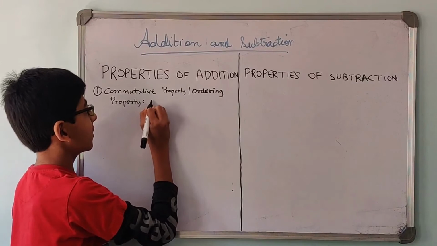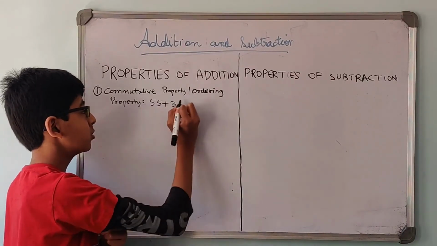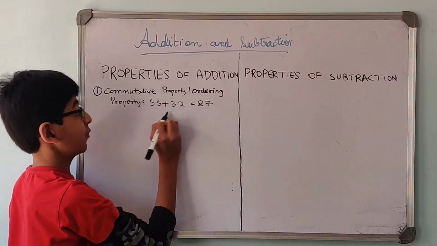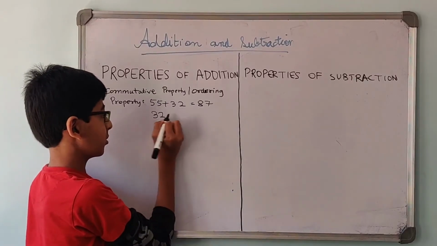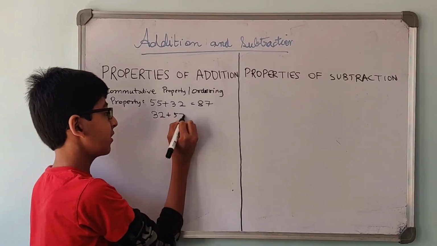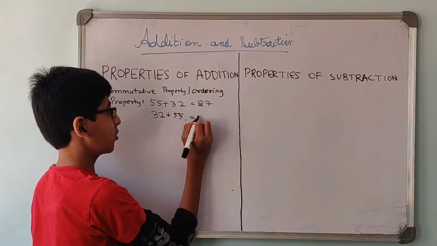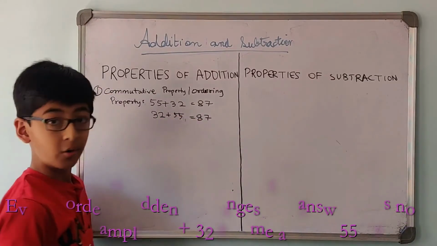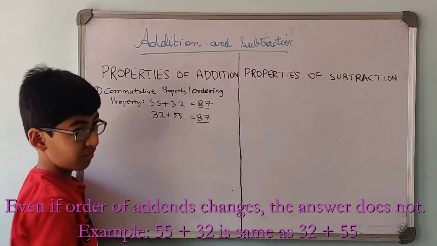This states that if we add 55 plus 32, we are going to get 87. Now if we reverse the order of the addends, like rather than 55 plus 32, we write 32 plus 55, this would also give us 87. So even if we change the order of the addends, the answer is going to be the same.